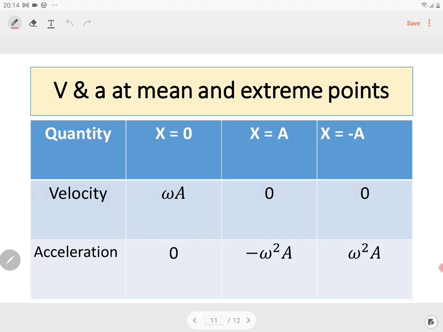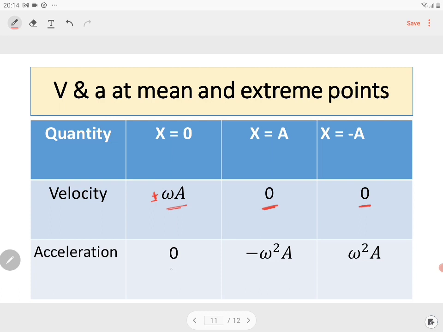Now this table will give you v values and a values at different positions, at the mean and extreme points. Velocity at the mean point will be plus or minus omega A, and at x equal to A and x equal to minus A it is 0.